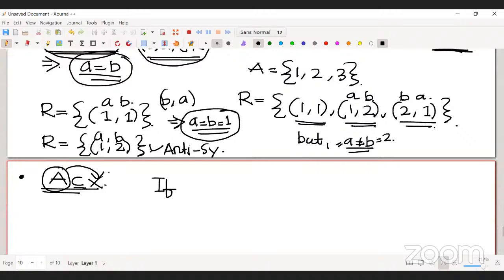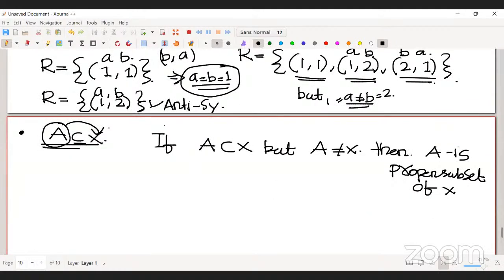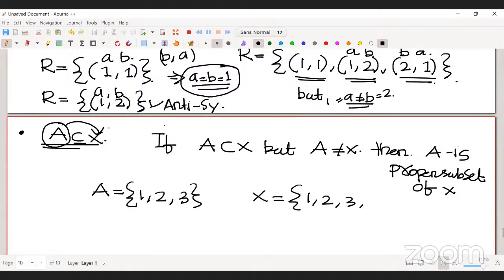If A is a subset of X, but A is not equal to X, then you say that A is a proper subset of X. For example, if I take A equal to {1, 2, 3} and X equal to {1, 2, 3, 4}, whether A is a subset of X or not?